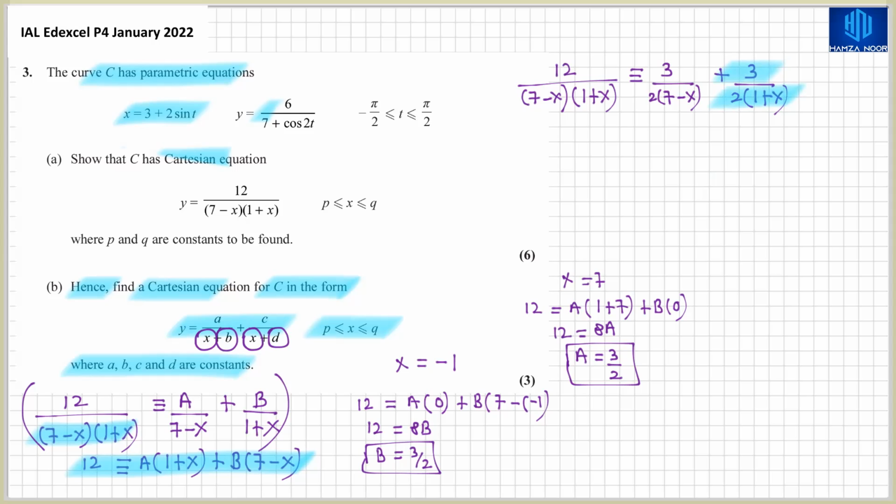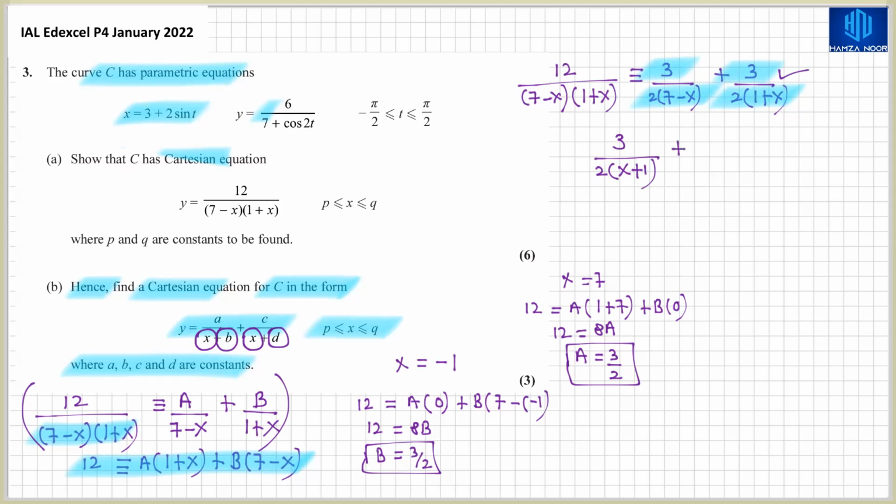This means that we need to do something with the fraction 3 over 2(7 - x). In order to make it x - 7, we have to take a minus sign common in the denominator, meaning taking -1 as common. So first of all, I'm going to write the fraction 3 over 2(x + 1), which is exactly the same as 3 over 2(1 + x).